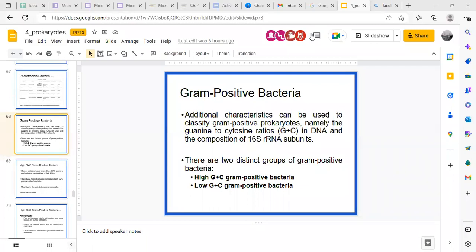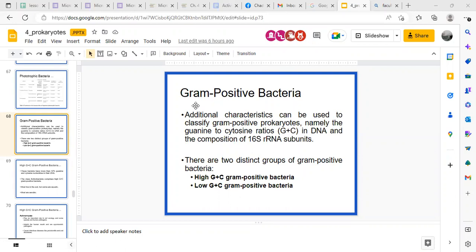So we discussed gram-negative bacteria. This time we're going to talk about gram-positive bacteria and the two distinct groups.